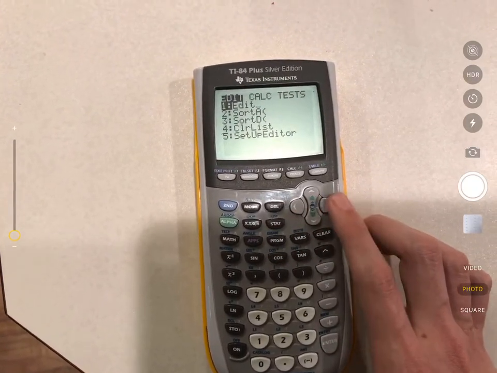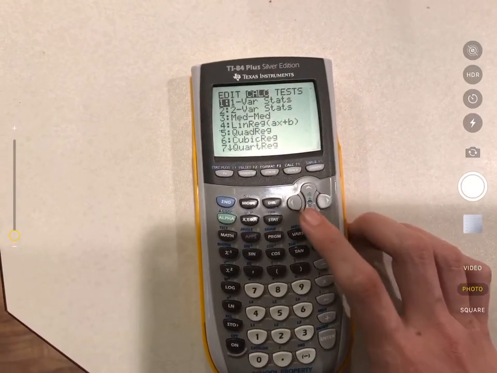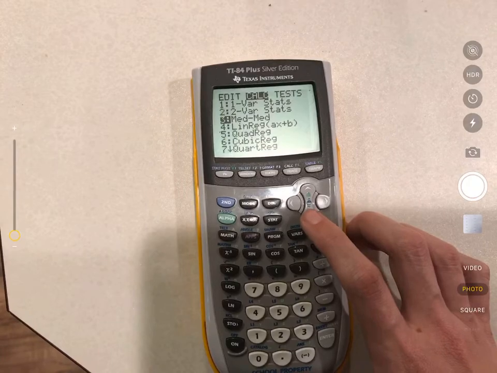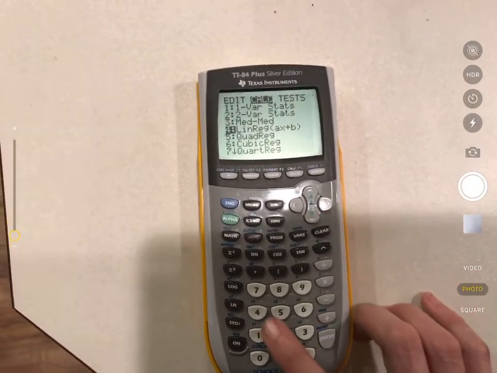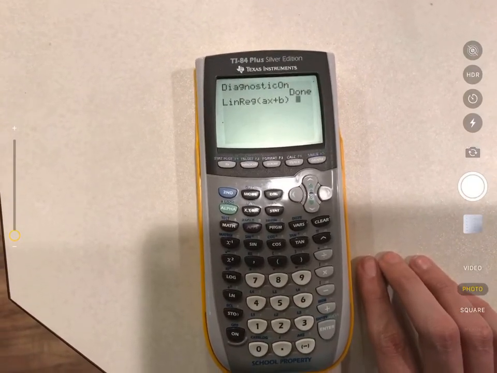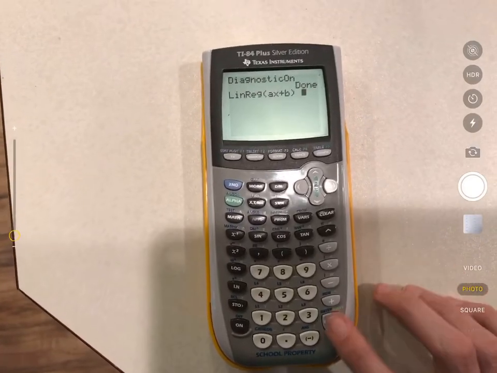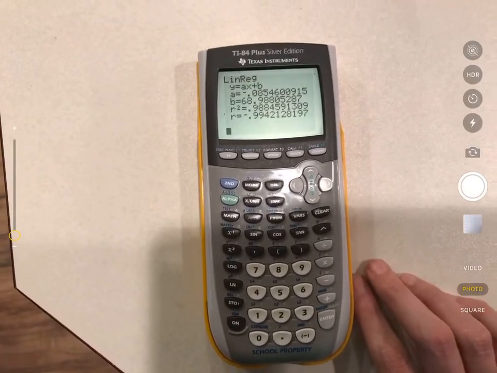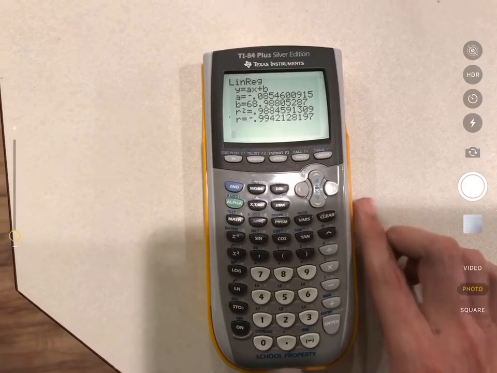Then we need to use this arrow to take us to calculate. We want to calculate number 4. So you can either scroll down with your down arrows to highlight number 4 and hit enter, or you can just touch the number 4 and it'll do the same thing. So once this is back on the home screen, we hit enter, and here we see our linear regression.